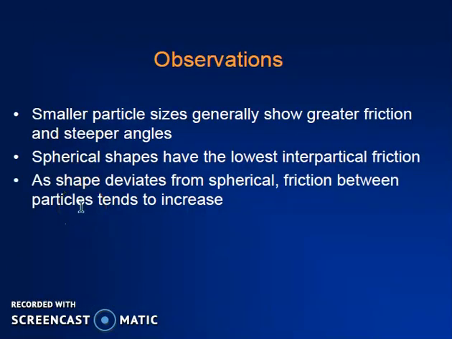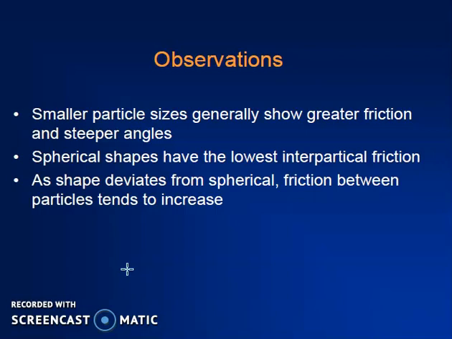What is the observation? Small particle size generally shows greater friction and a steeper angle. So when the particle size is very small, they show greater friction and a steeper angle. Whereas spherical shapes have the lowest interparticle friction.